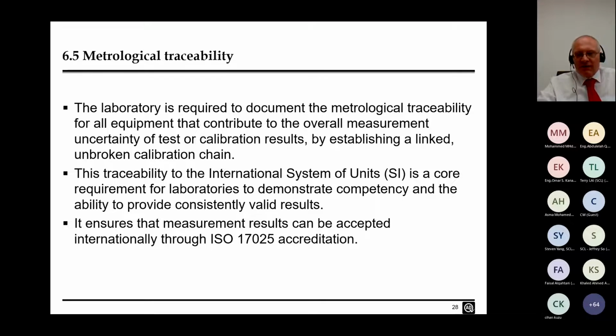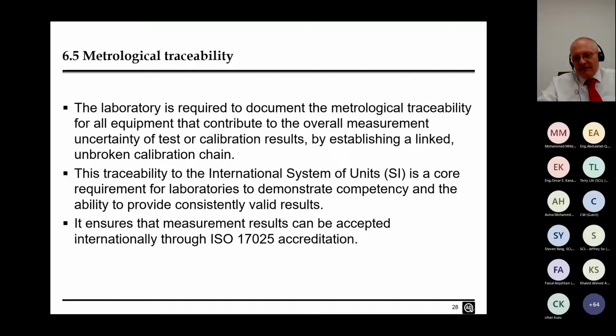You have to document the metrological traceability for all the equipment that contribute to the overall measurement uncertainty of your test or calibration results. So you have to establish this linked, unbroken calibration chain.